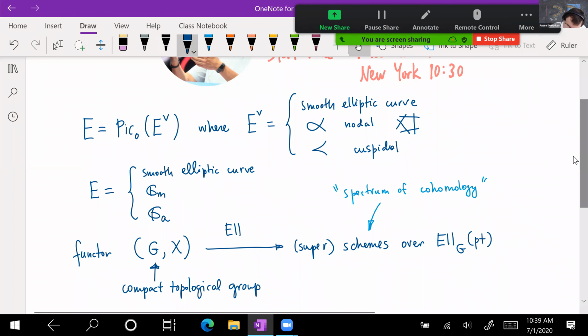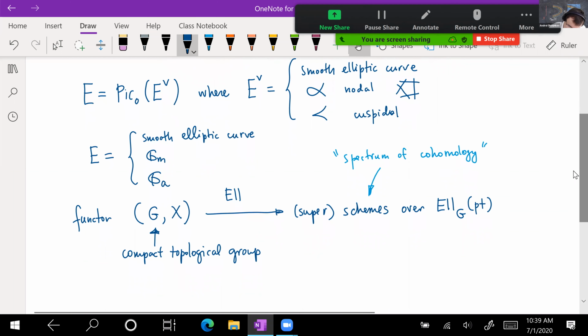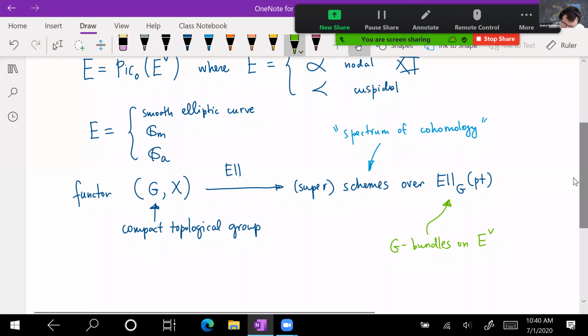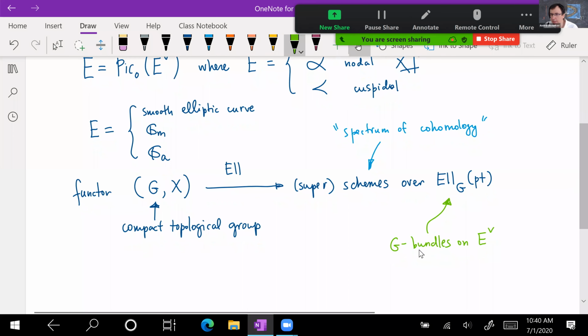And so what is that? That is roughly, more or less as we discussed yesterday, like G-bundles on this E check. In particular, we would like them to be direct sums of stable bundles. That corresponds to the fact that here we would like to have a compact topological group, whose conjugacy classes are all semisimple.